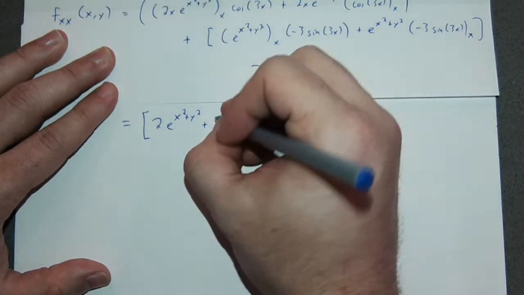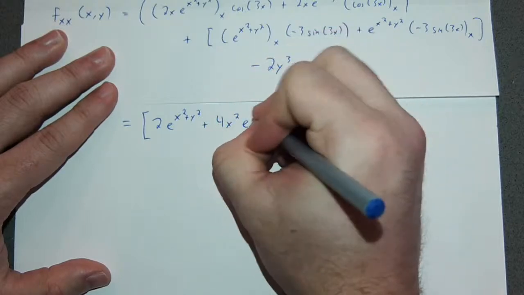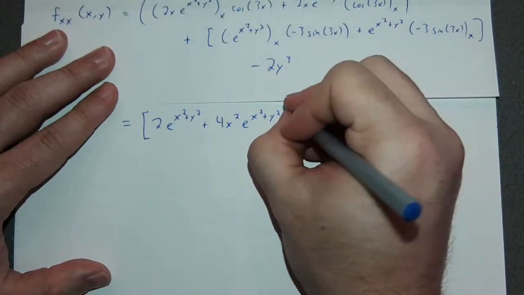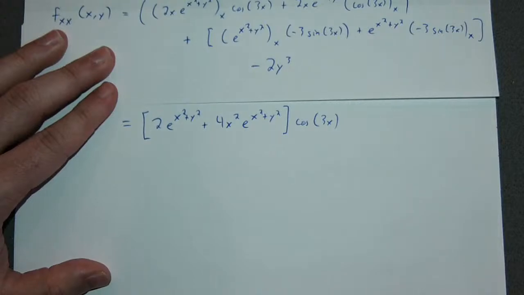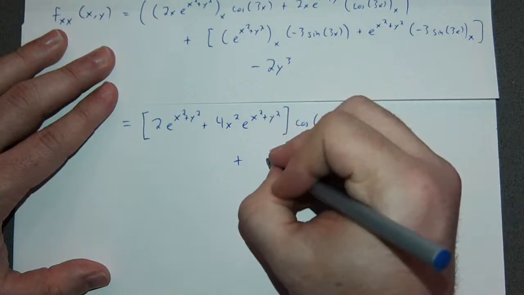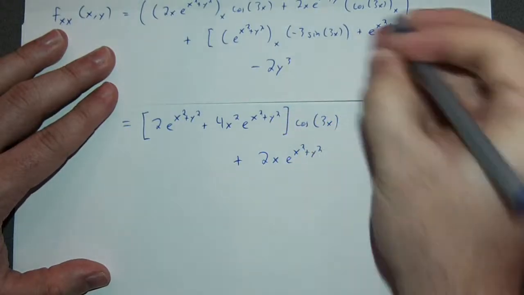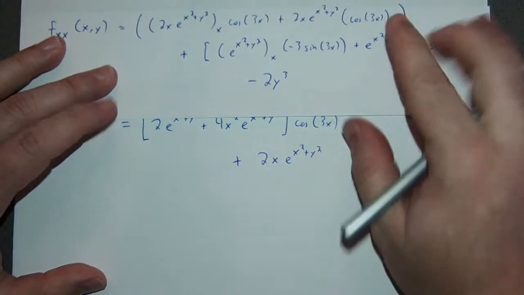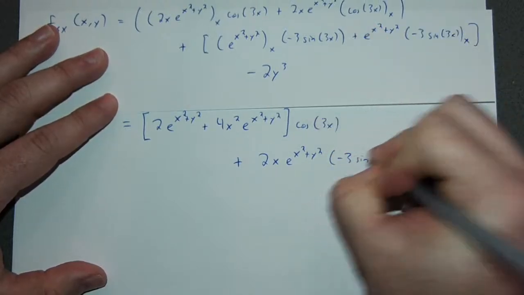So that's 2x times 2x, so that's 4x squared e to the x squared plus y squared. And all of that is multiplied times cosine of 3x. And then plus 2x e to the x squared plus y squared times the x partial of cosine of 3x here, which is just minus 3 sine of 3x.